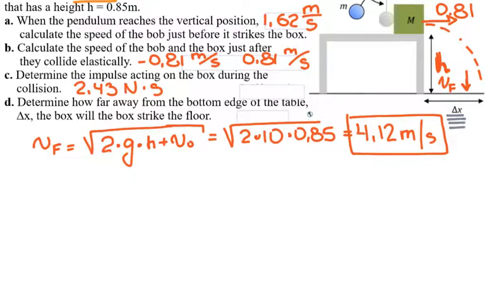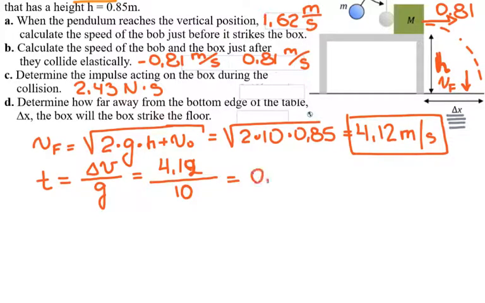Using the acceleration formula, the change of velocity over time, I can solve for the time: the change in vertical velocity, from 0 to 4.12, over the acceleration of 10. I get 0.412 seconds. That's how long it takes for the box to land on the ground.